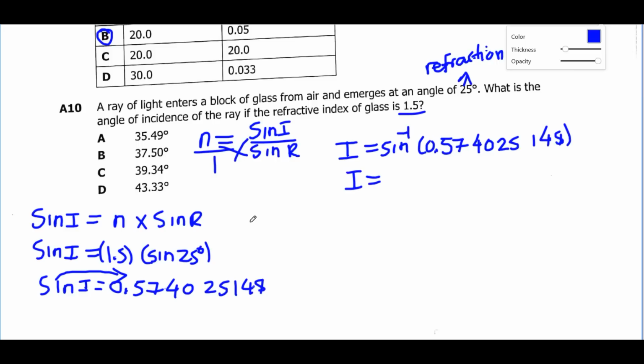So if you go on your calculator, you punch shift sine answer, I'm getting 38.9 degrees, which, if we round this off, will give us 39. So this is our final answer.